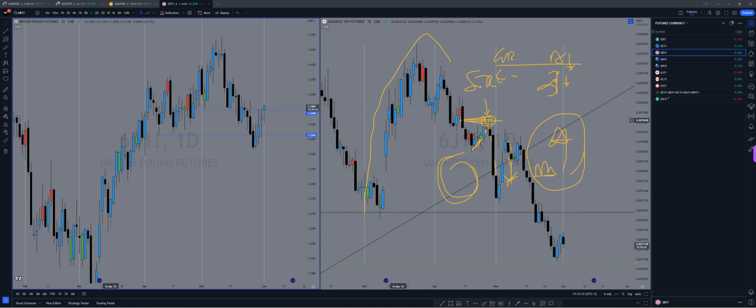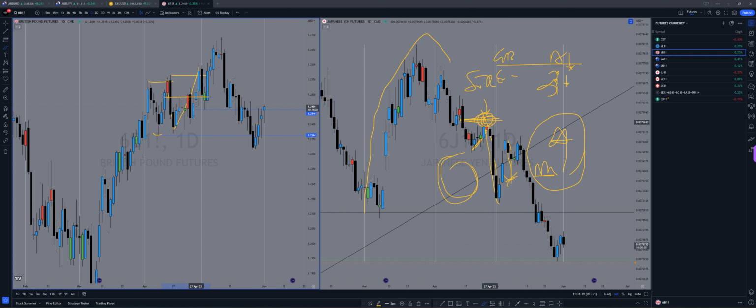That was the 26th of April. 26th of April is here. Now, looking at this and that, the British pound was still bullish. We have not taken out a swing low yet. So price action wise, this is going to make a new high, whilst price action wise, this is going to drop. Okay, so that on its own, by using price action, gives you an idea that pound yen should go up.